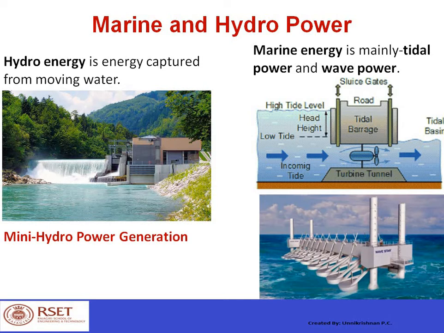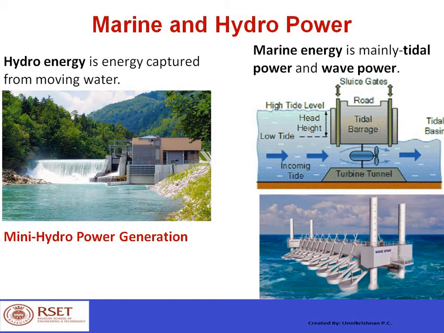This is a renewable energy that does not produce any type of pollution. Small hydropower generation, or we call it mini hydropower generation, is increasingly used now to produce small quantities of hydro energy.